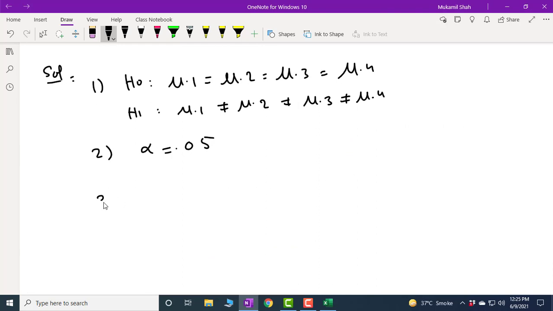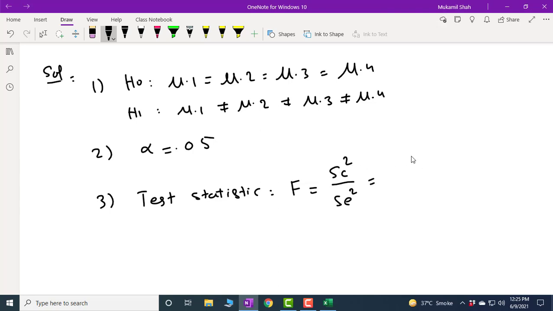Test statistic to be used in this case is F. We will use the F statistic, and clearly F statistic is given by SC square divided by SE square. SC square is the variance of the columns and SE square is the variance of the error.